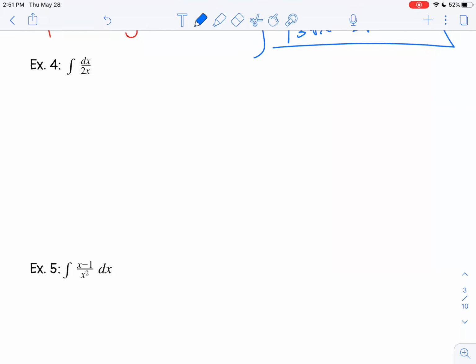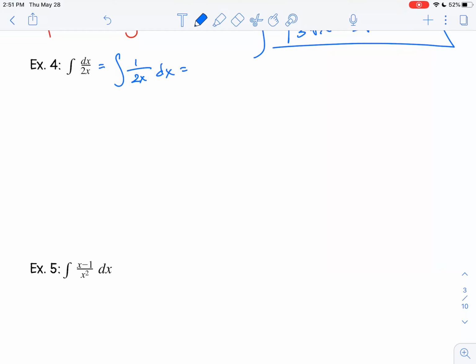Example number 4 says the integral of dx over 2x. Now again, I think rewriting is really helpful, so I'm going to rewrite this as the integral of 1 over 2x dx. Okay, that looks more like a regular integral.